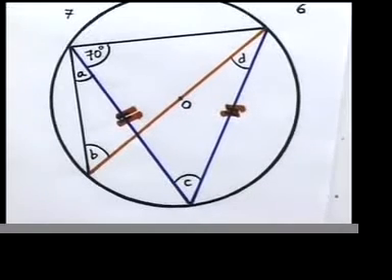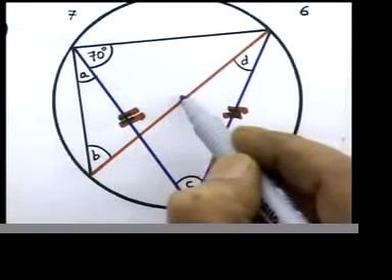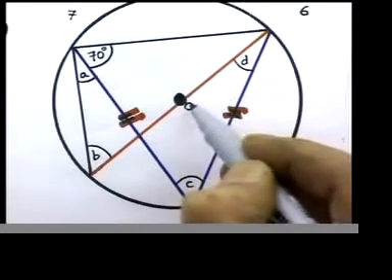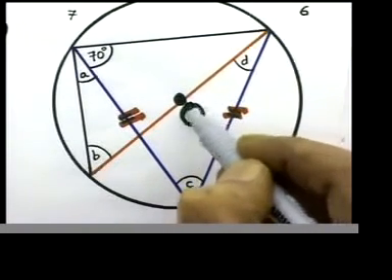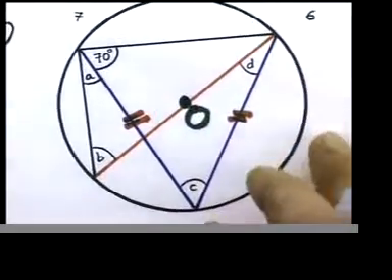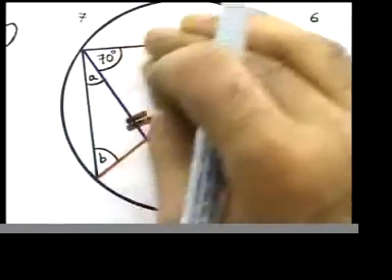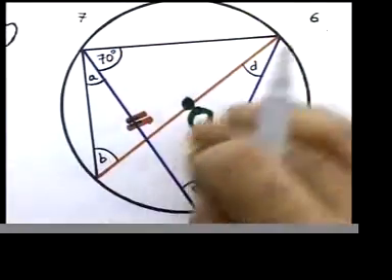Make sure that you know the basic rules first and then see, is there a line passing through the center? The center is given to you as O, so there is a line passing through the center. We know there is a semicircle, right? There is a semicircle on that side, on this side also.